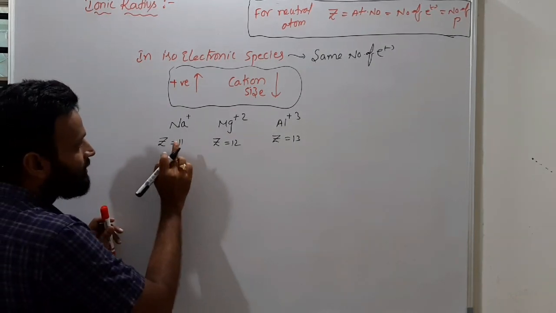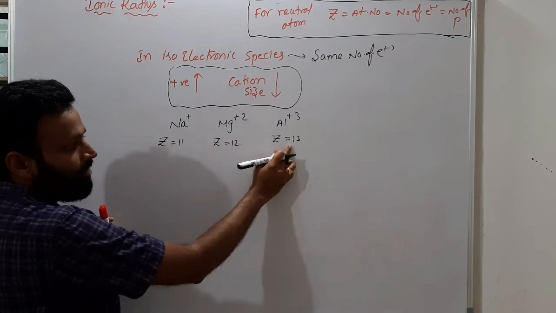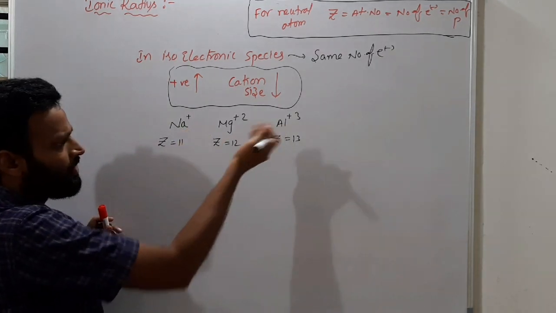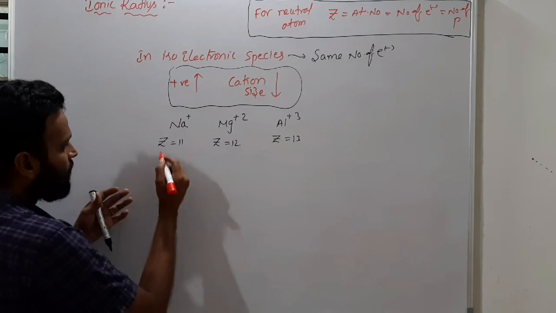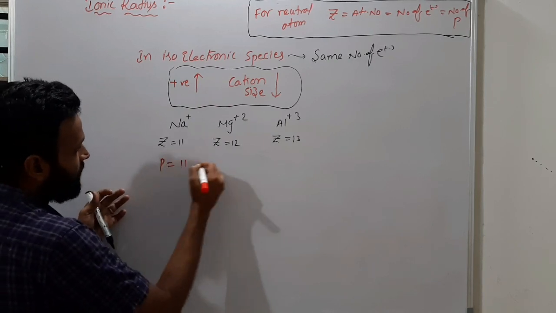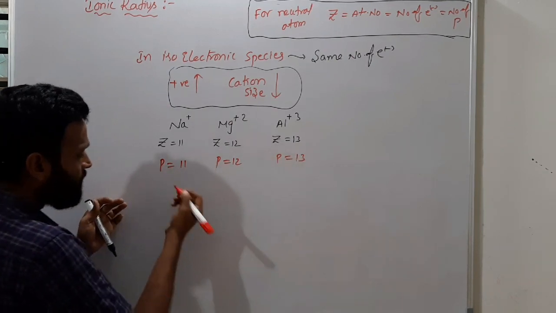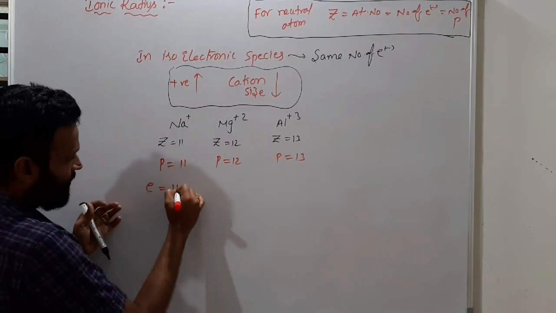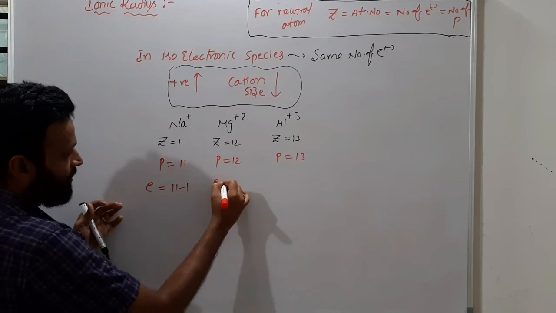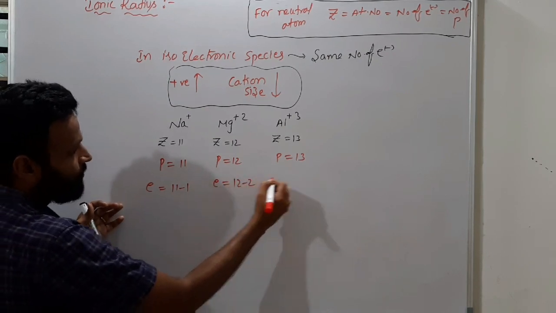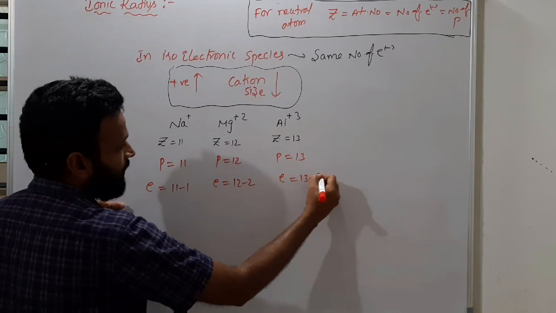So atomic number is 11, here 12, here 13. You know, sodium, magnesium, aluminum. Protons are here 11, here 12, here 13. Whereas electrons are 11 minus 1, here 12 minus 2, here 13 minus 3.